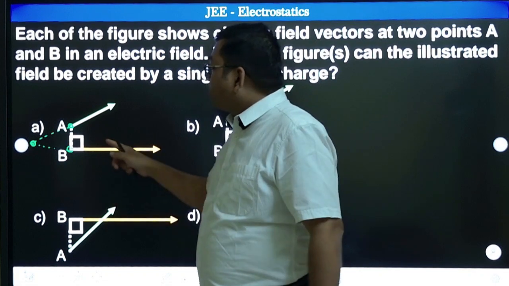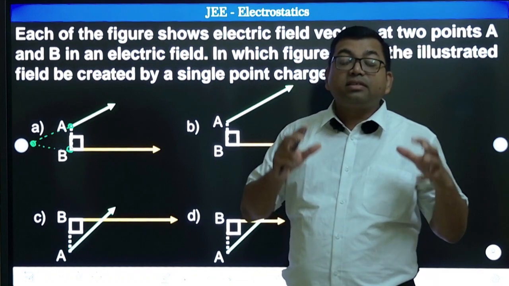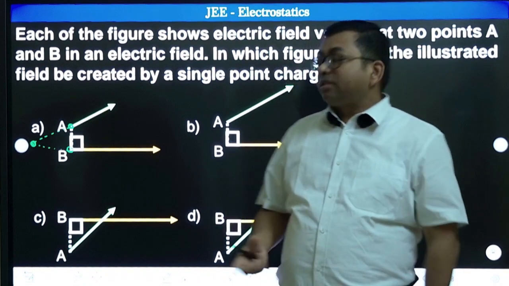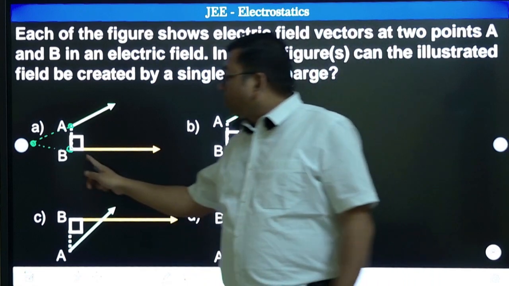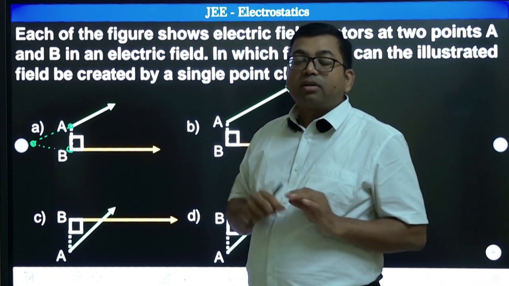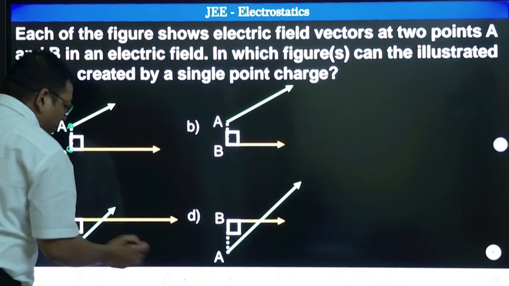Now the length of this line gives the vector. It is vector representation, not just the field. So the length of this line gives the magnitude. Here the magnitude is larger and here it is smaller. Is it correct or not?